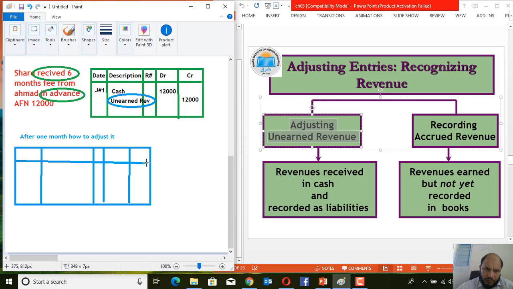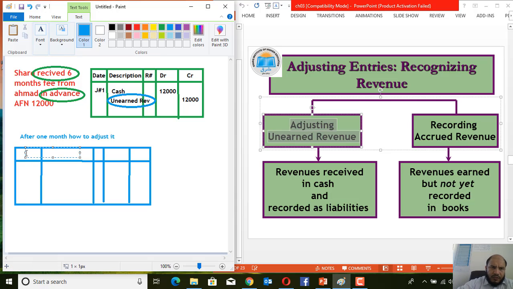Now you will see here, let's write down the titles. This is the title for date, and this second title is for description.